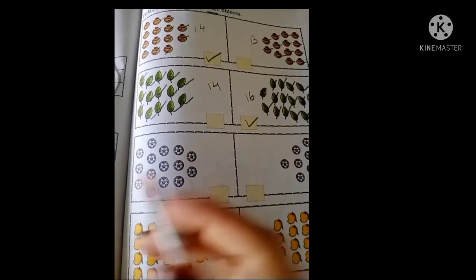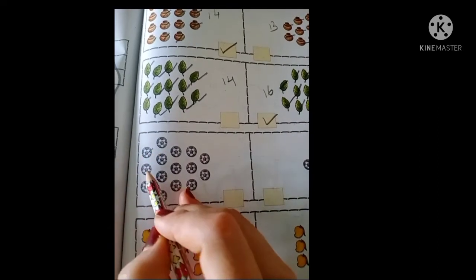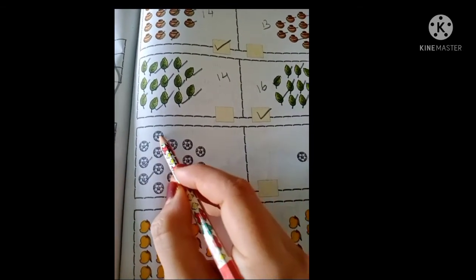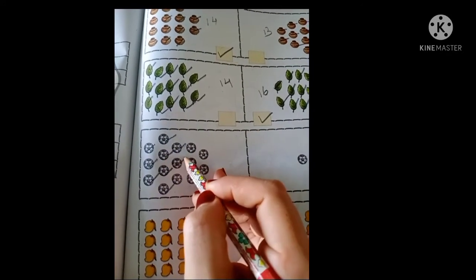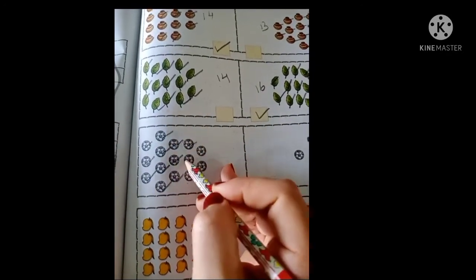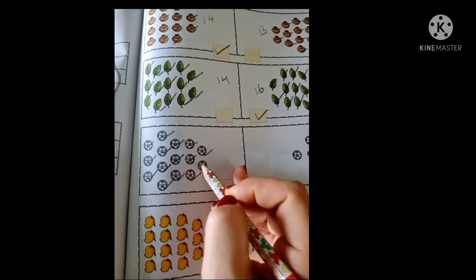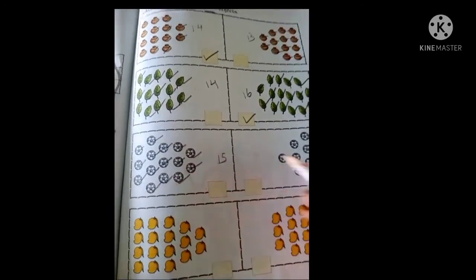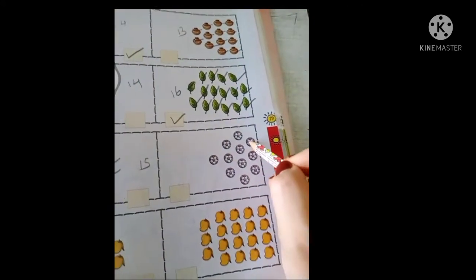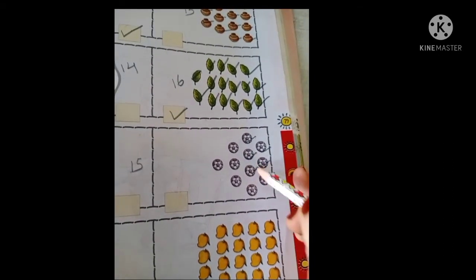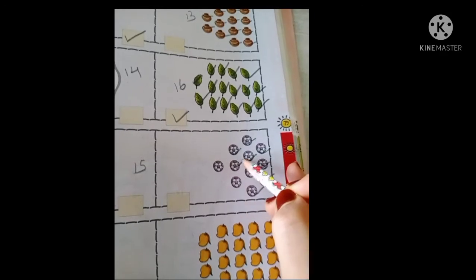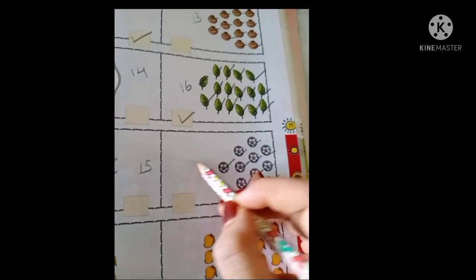Yes or no, everyone? Next one, balls, let's count. 1, 2, 3, 4, 5, 6, 7, 8, 9, 10, 11, 12, 13, 14, 15. How many balls? 15. And here 1, 2, 3, 4, 5, 6, 7, 8, 9, 10 and 11.